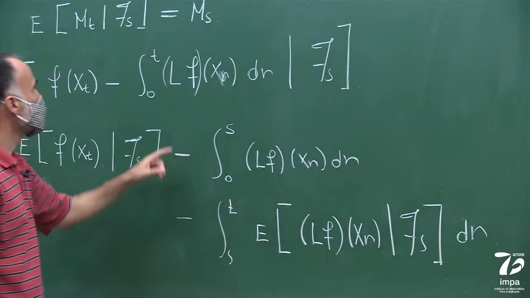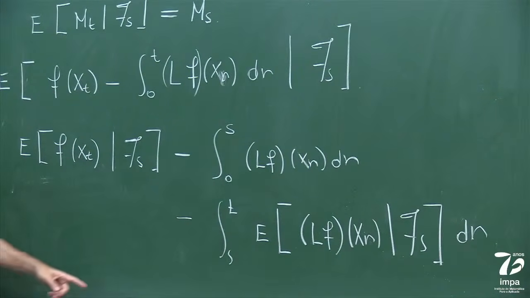Right, so I just exchange the integral from s to t with the expectation by Fubini. Everything here is finite.